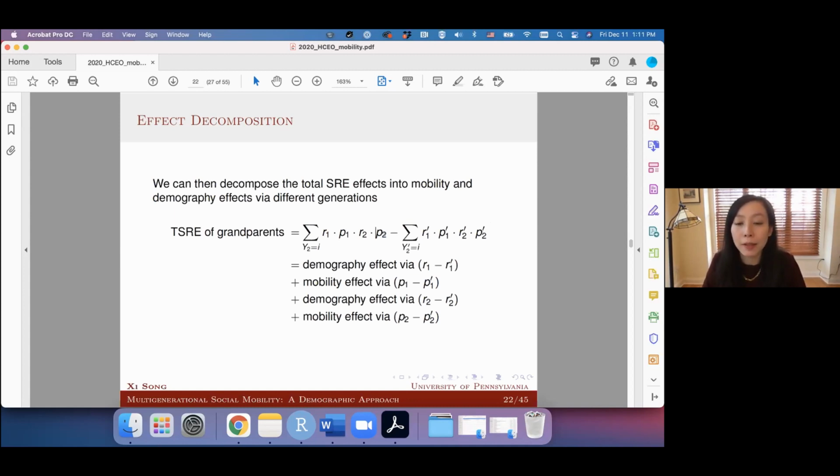So by applying this revised Dasgupta decomposition method, we can decompose the total social reproduction effects into the demography and the mobility effect that operates through each generation.